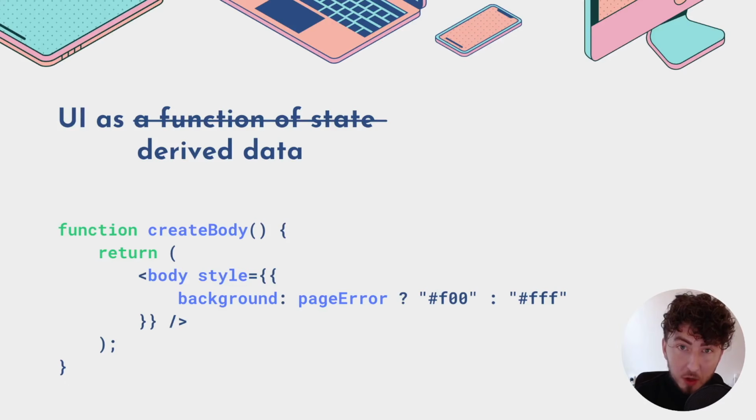The way that React works is that, exactly as I mentioned at the beginning of the talk about derived data, instead of saving our derived data, we provide a function that allows us to calculate the derived data on the fly. So you can see here we provide a function called createBody, and it returns the actual body tag with the background set to either red or white, depending on whether there's a page error or not, right?